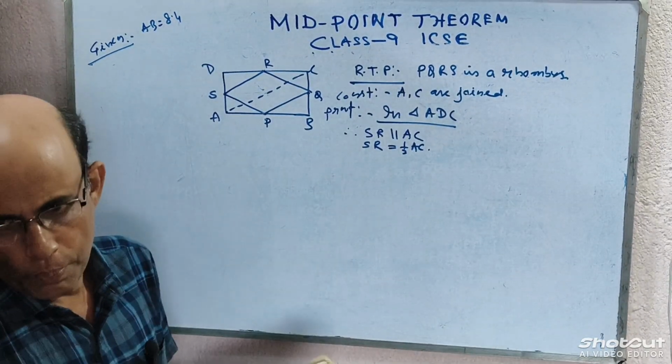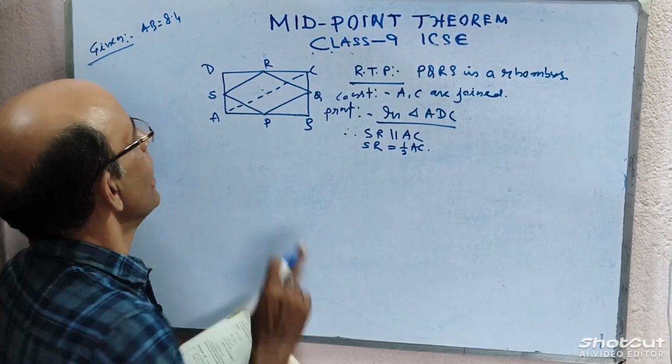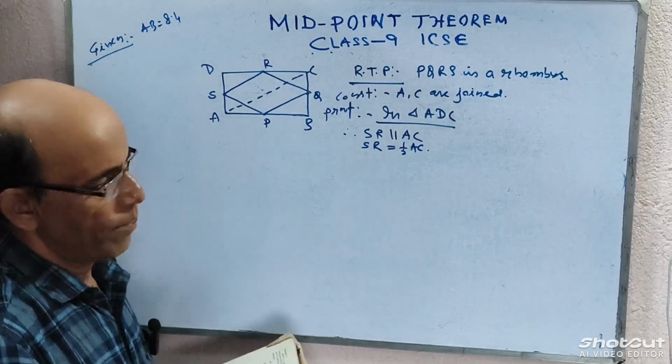If you have to prove quadrilateral is a rhombus, then you have to first prove this is a parallelogram.